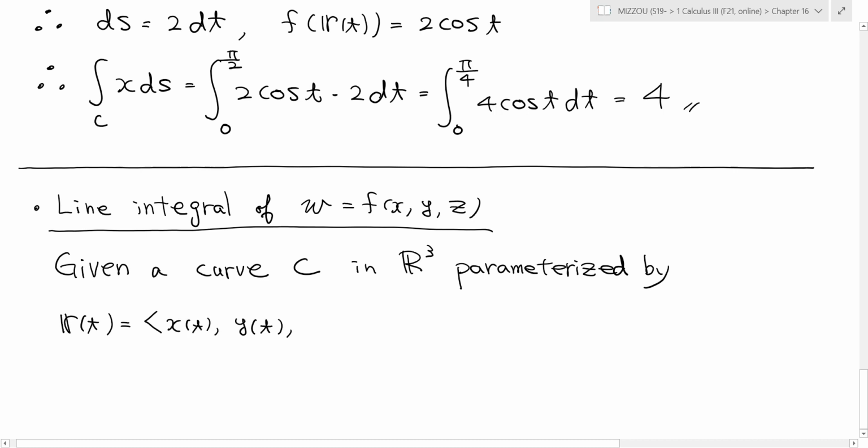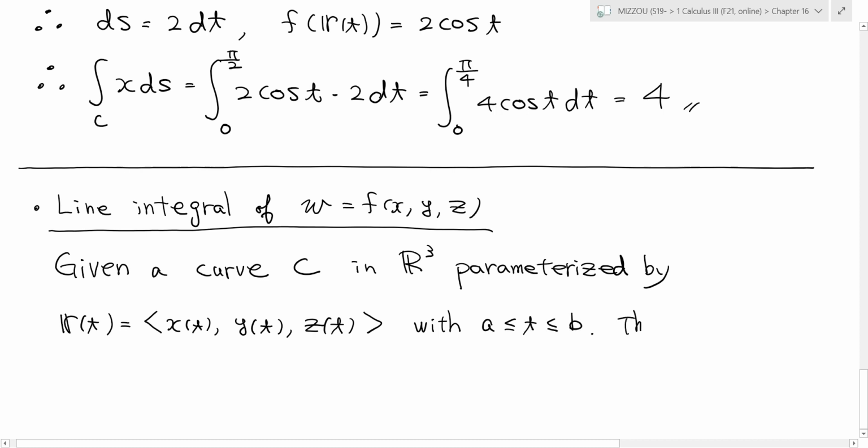So in this case, it's a curve in R3, so you have one more variable, z of t, with t between a and b.